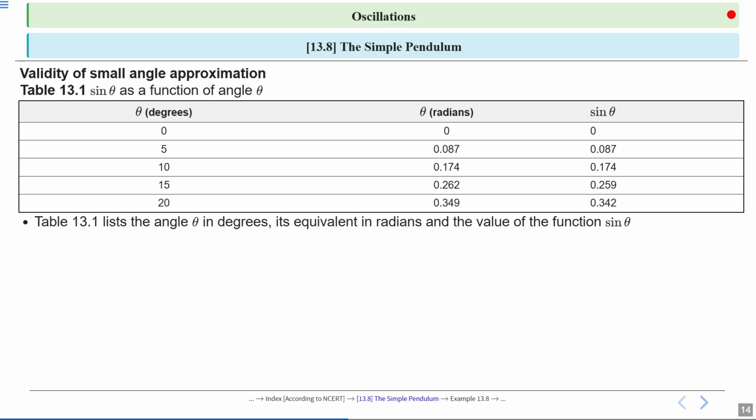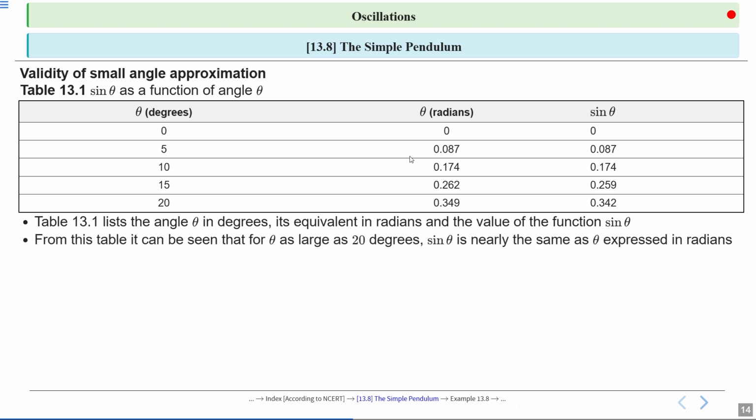And their value of sin theta: for sin 0 it will be 0, and sin 5 it will be 0.087, and similarly for 10 degree, 15 degree and 20 degree.